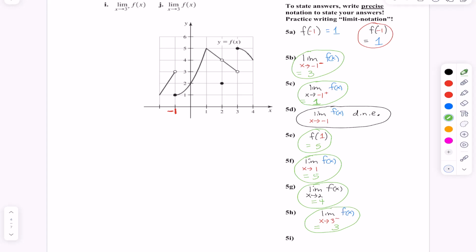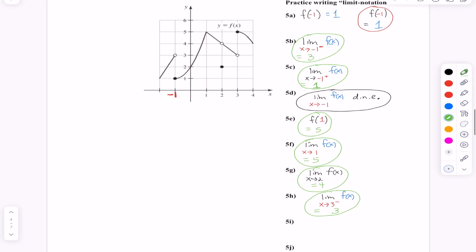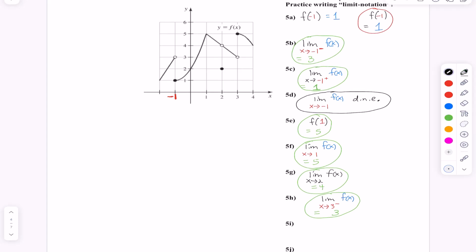There we go. One more here. Look at the limit as x approaches 3 from the right. Where do the corresponding function values go? They're going to 5.